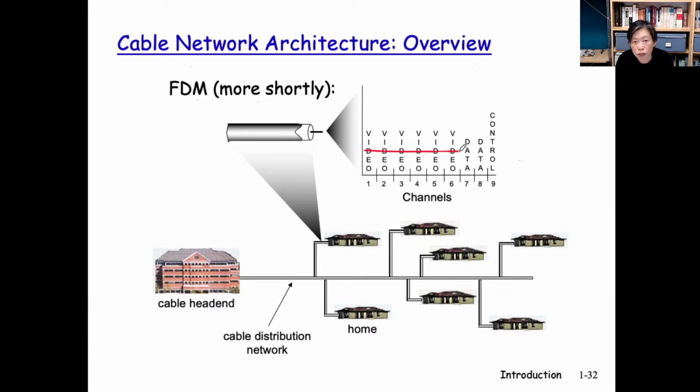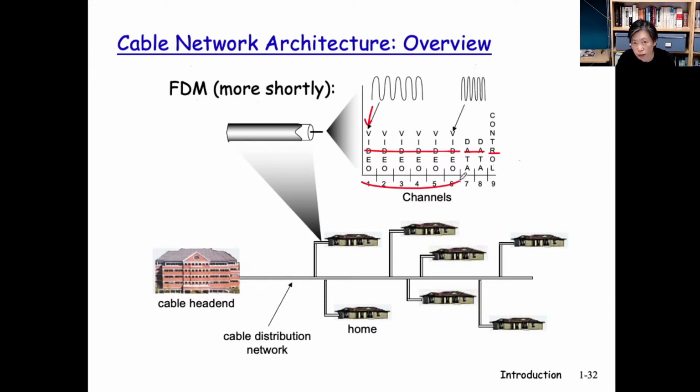These first few channels are video, then data, and the last one, control. The channel towards the left is lower frequency. The channel towards the right is higher frequency. So essentially what you're seeing is that the entire frequency band allowed on a cable network is divided into some subbands.